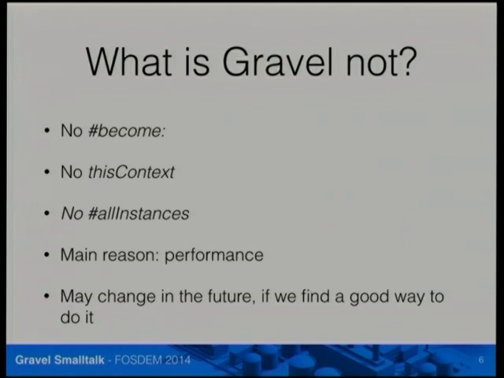Currently, we do not support those in Gravel Smalltalk, and the main reason is performance. To correctly implement those semantics on the JVM would mean that we would lose all the speed benefits of what the JVM can do for us. If we find a good way to implement it, we might change it.